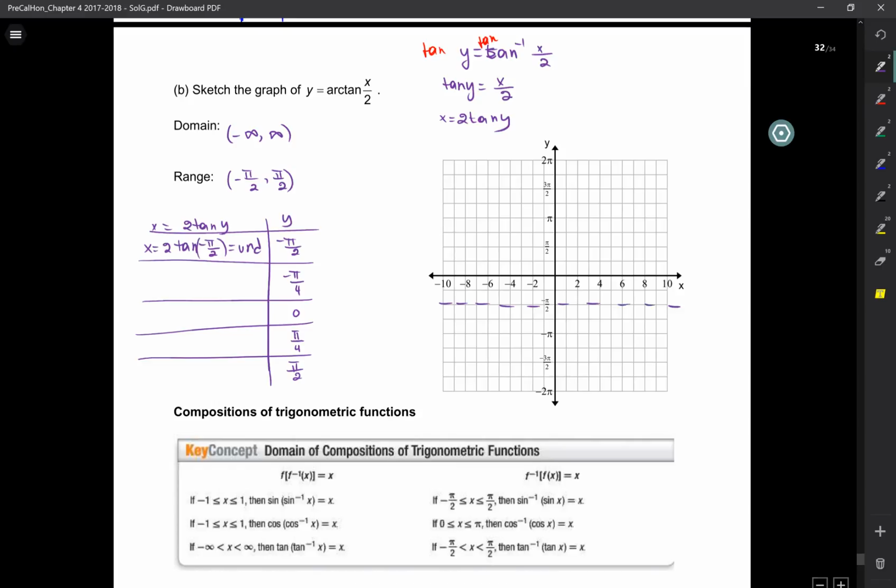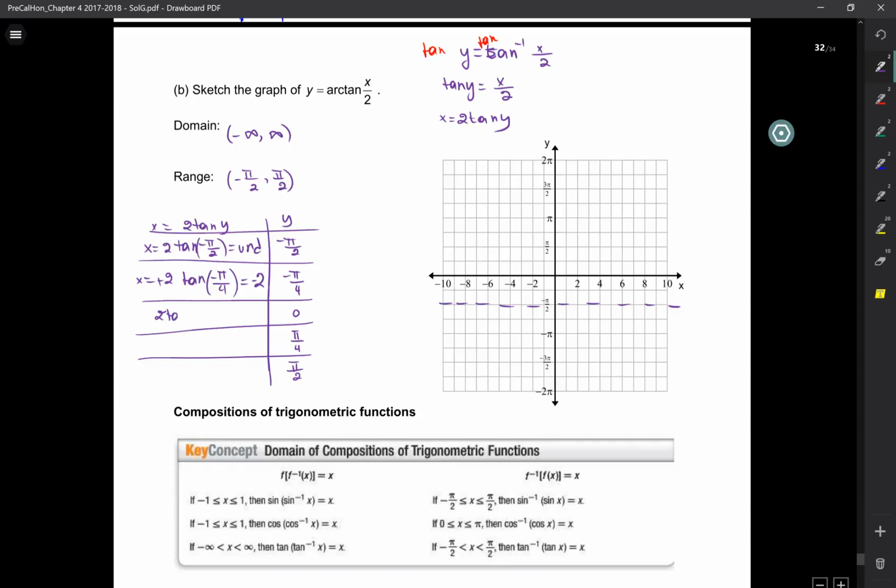All right, so x is positive 2 tangent of negative pi over 4. Tangent at negative pi over 4 is negative 1. So here this is negative 2.